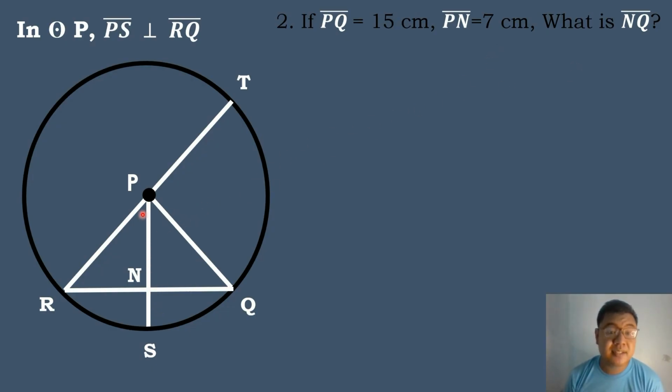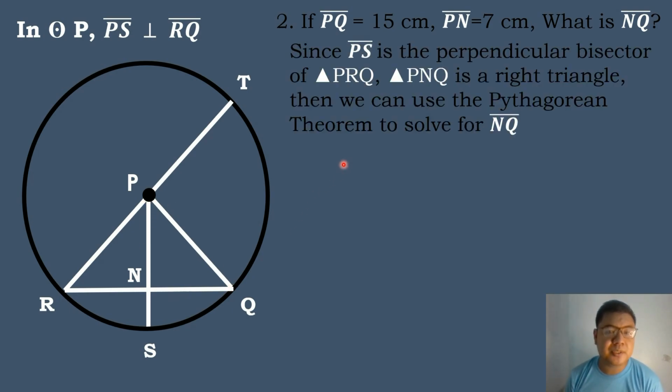Since segment PS is perpendicular to segment RQ, and PS is a perpendicular bisector, meaning it divides segment RQ into two congruent parts, therefore the two triangles here are right triangles. To find the measure of the missing side of a right triangle, we will use the Pythagorean theorem to solve for the measure of segment NQ.